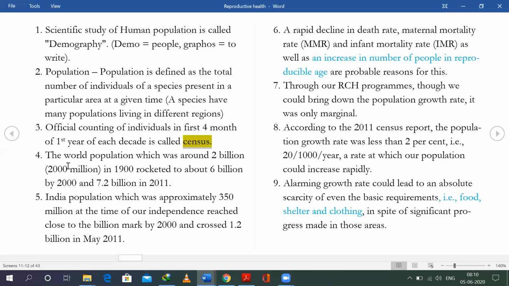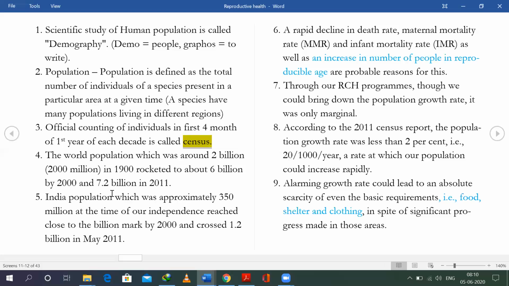The world population was around 2 billion in 1900, by 2000 it was 6 billion, and by 2011 it is 7.2 billion.